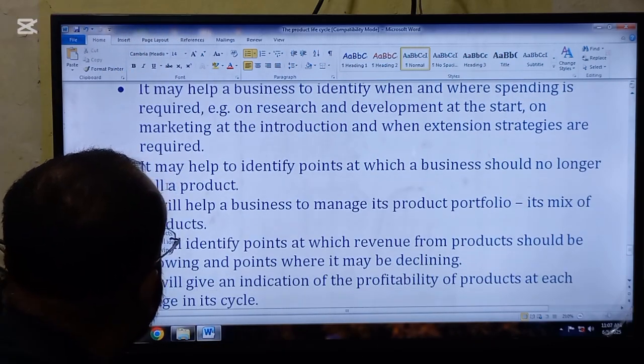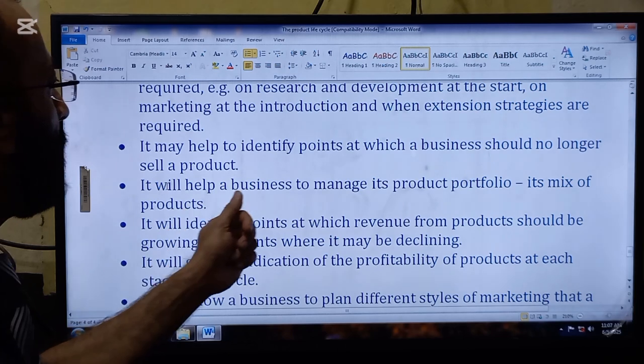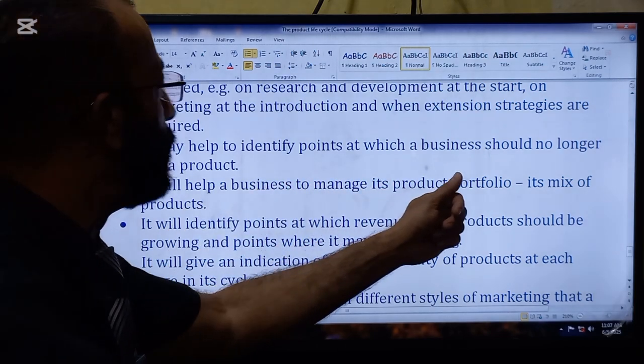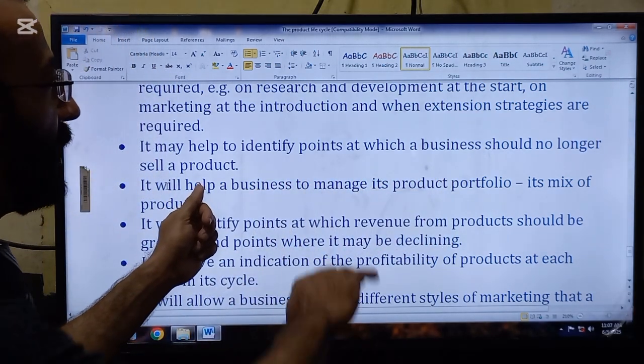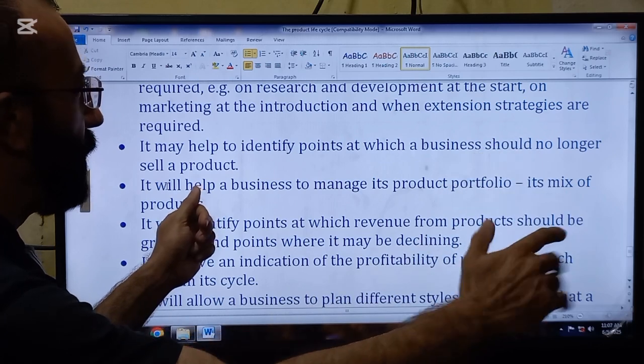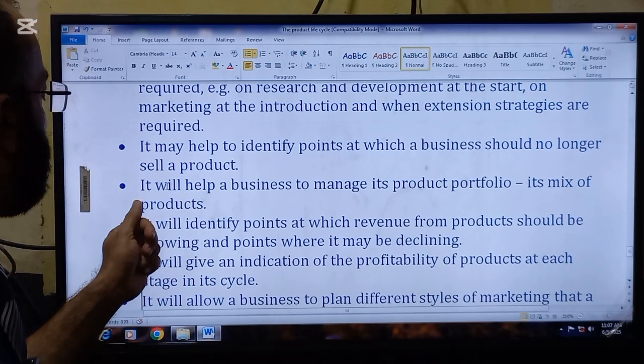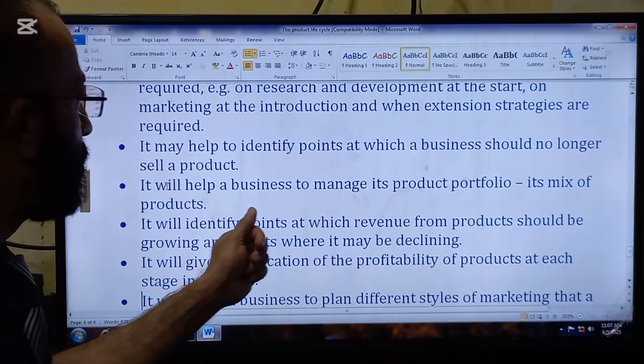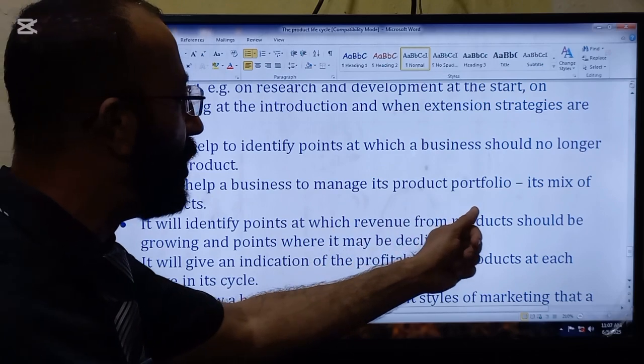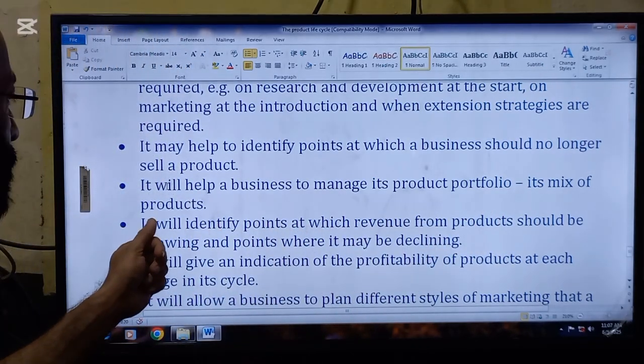Next benefit is it may help to identify points at which a business should no longer sell a product. Definitely that will be the declining point of the product. Next benefit is it will help a business to manage its product portfolio, its mix of products.